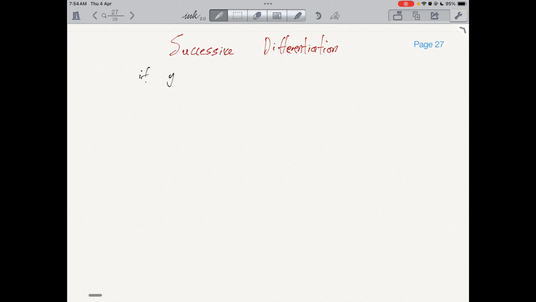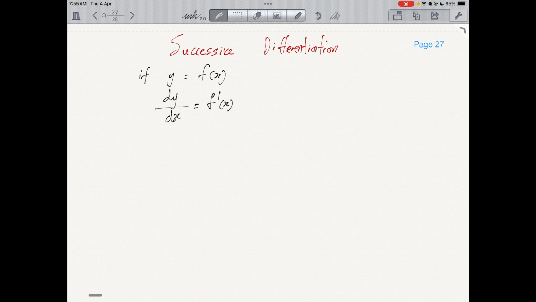If y is given to be equal to a function of x, as f of x, then dy/dx can be written as f prime of x.